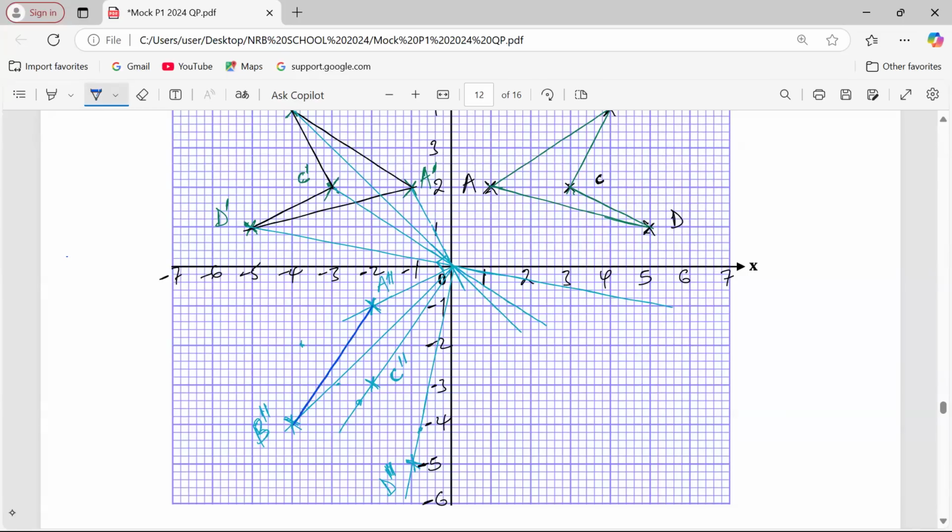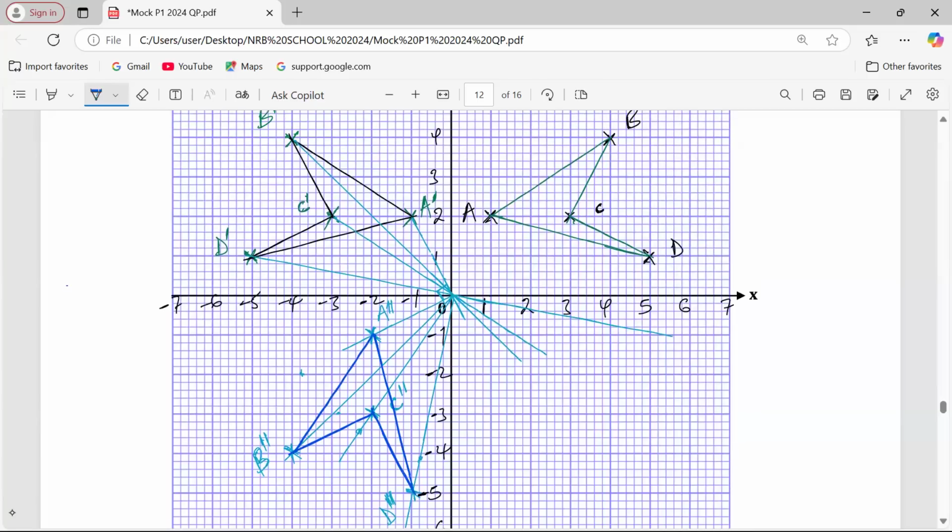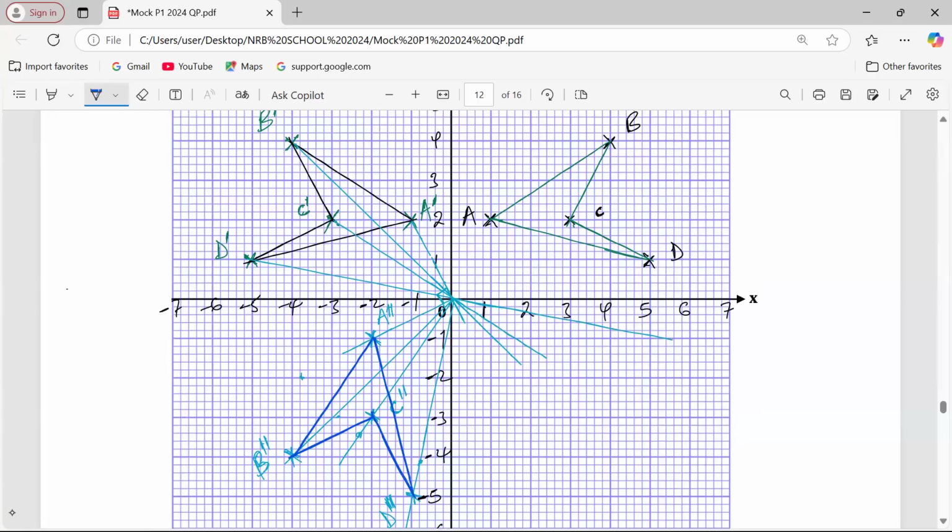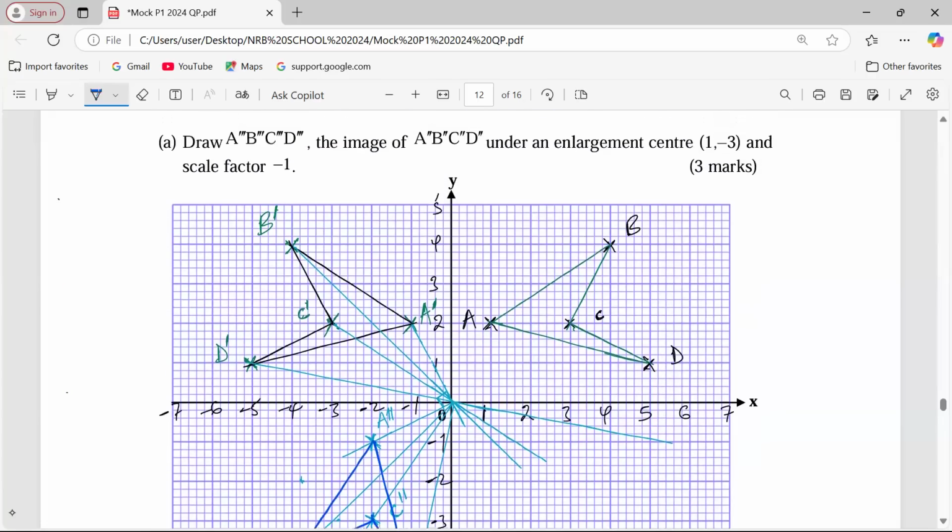From A to B, then from B to C, then from C, I go to D, and from D, I connect back to A. That way, I'm having now the rotated figure. The rotated figure has been drawn. After this, now we can talk about the coordinates.